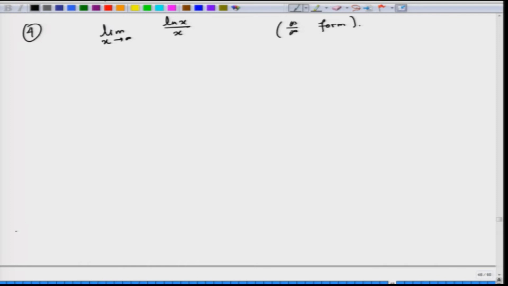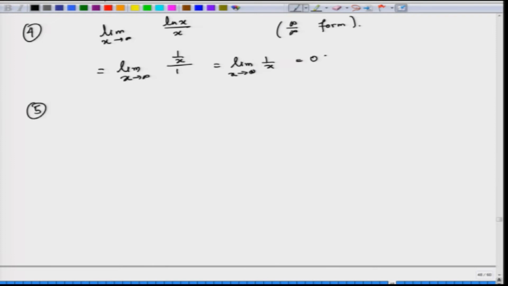So now what one can do is that essentially I can write 1 over this, which is equal to 0.